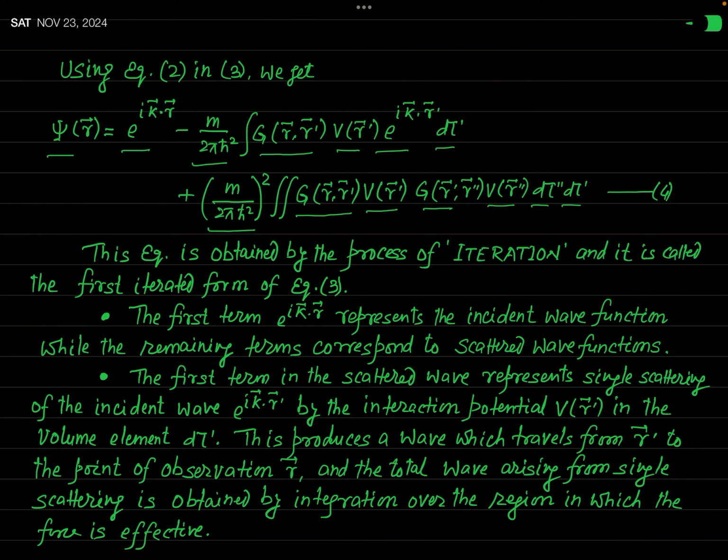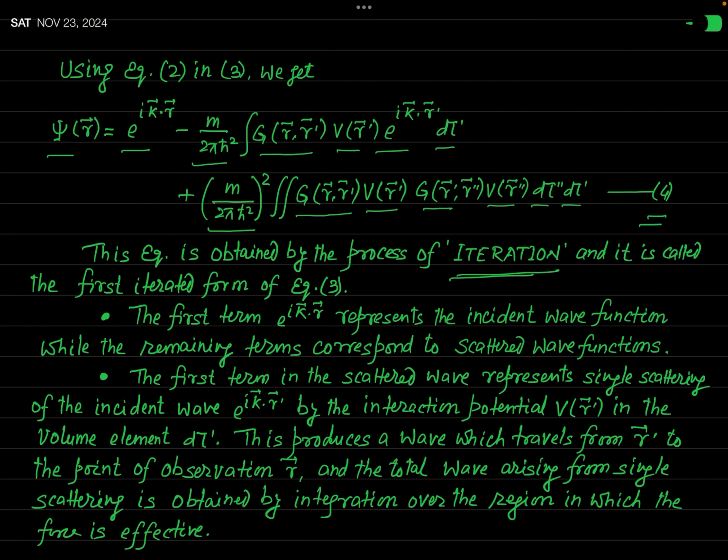Now we will interpret this equation 4, what the different terms of equation 4 actually imply. Now let us see this. When you have obtained this equation number 4, this equation is obtained by the process which is called iteration.